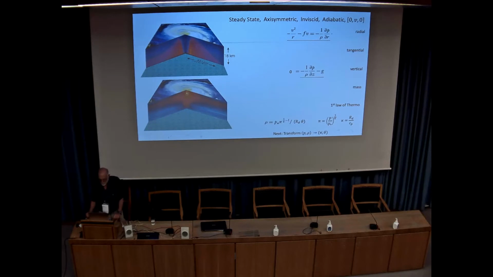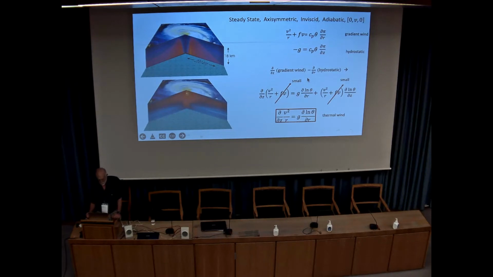Even though I showed you that there's U and V and W, you can imagine the stationary state, the statistically steady state, where the radial wind equation reduces to gradient wind balance, where the pressure gradient balances the centrifugal force per unit mass and the Coriolis force per unit mass. And the vertical equation is basically the hydrostatic equation. So if we transform these equations in terms of P and rho into theta and pi, we get something a little more familiar to meteorologists.